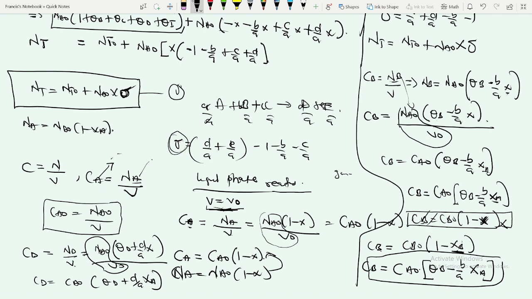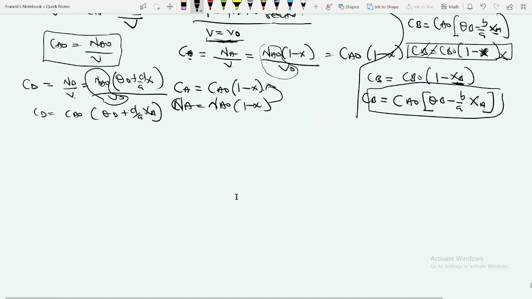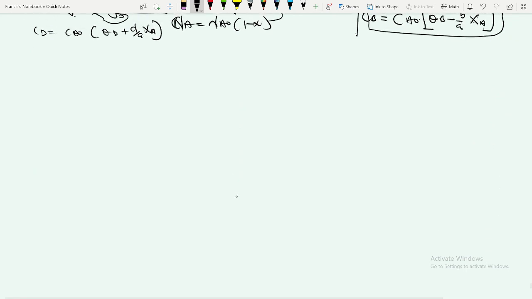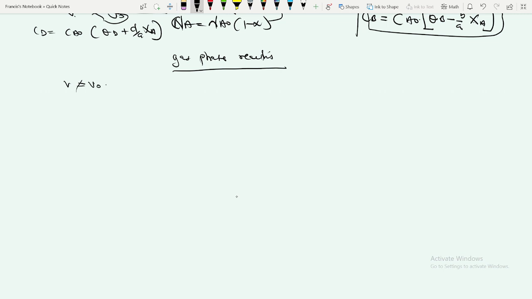And now let's go to our gas phase reaction. We looked at liquid phase reaction. Now what if you have gas phase reactions? With a gas phase reaction, our V is not equal to V naught, so our volume is not equal to our initial volume.